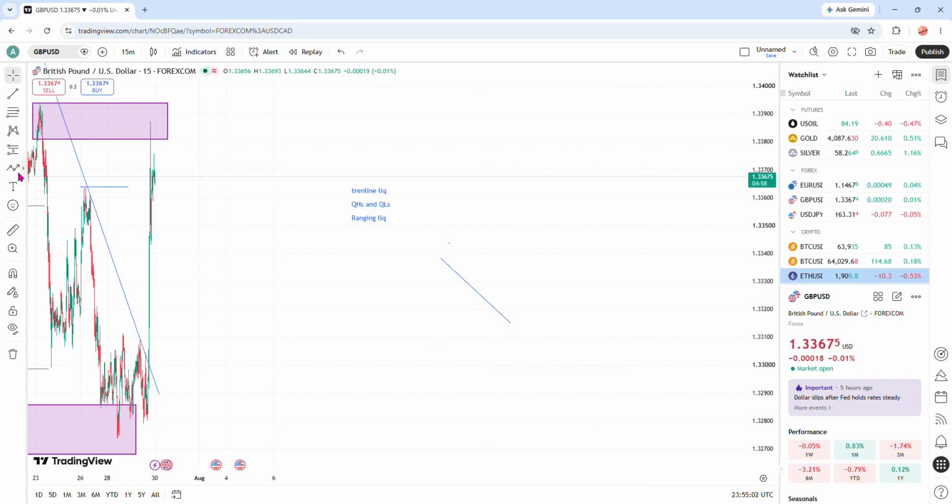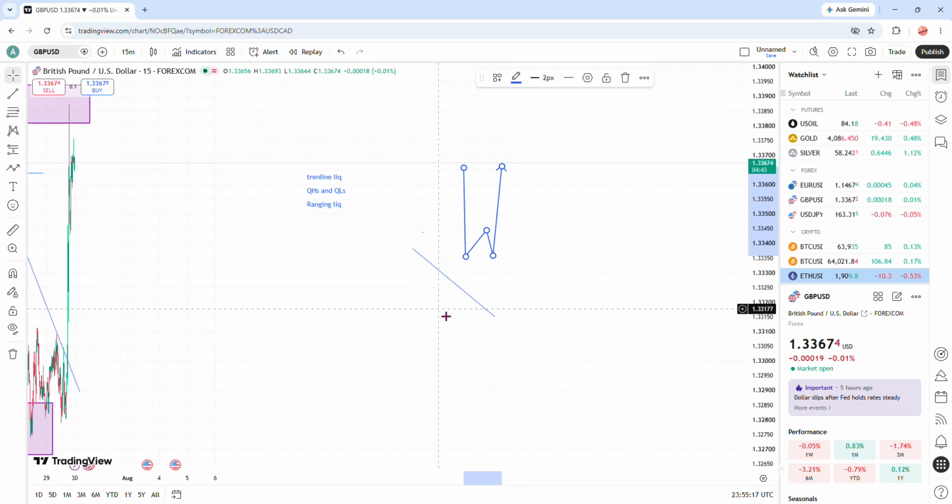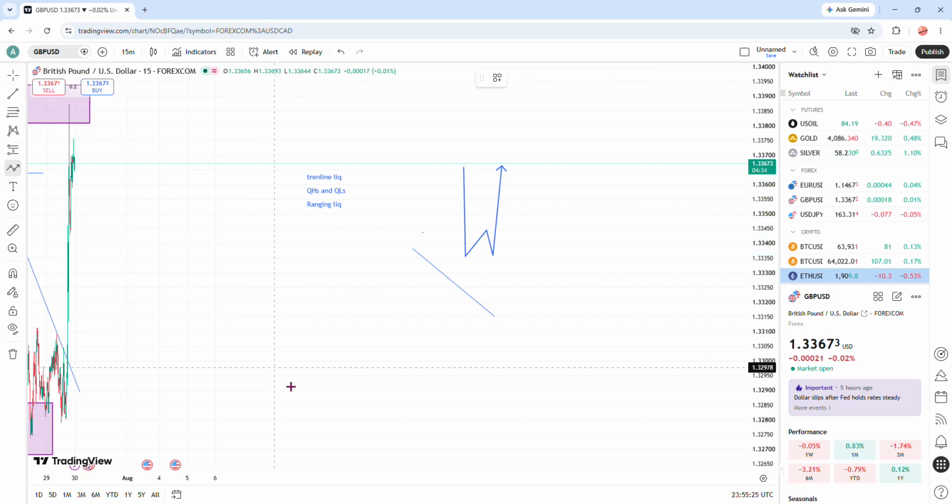I see the market doing something like this, kind of equal lows, something like this. It is not necessary for the lows to be exactly equal, on the same line like that, but they're supposed to be close. You see the market creating these equal lows or equal highs, something like this.